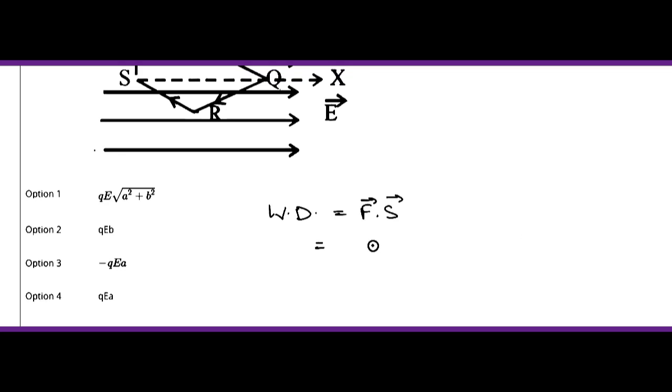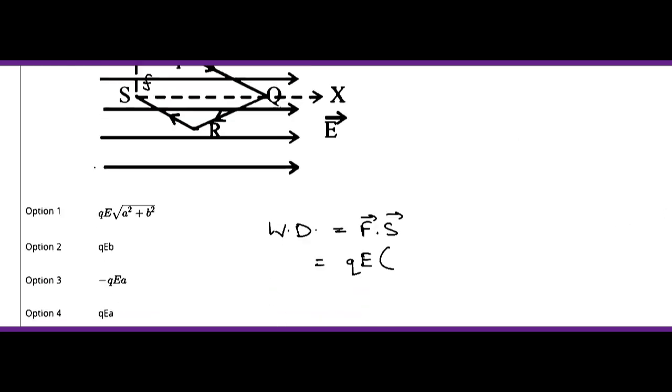So work done is given by force into displacement. The force on the charge will be due to the electric field, so Q into E. Since this is a conservative electric field, it is a conservative force, therefore the work done will only depend on the initial and the final positions.